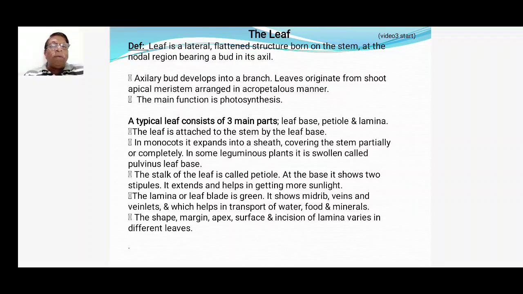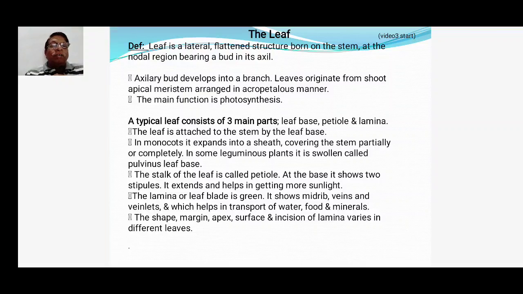If we examine the leaf, as I already told you, in its axil there is generally a bud. This axillary bud develops into a branch.